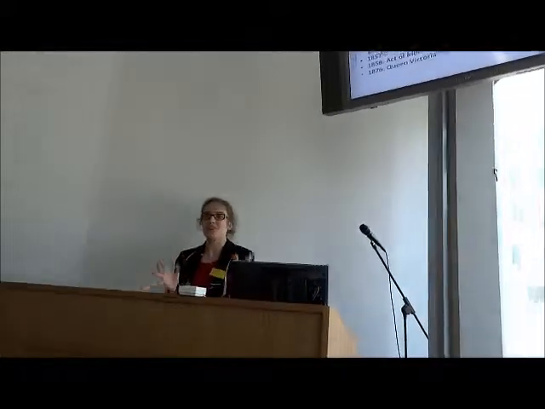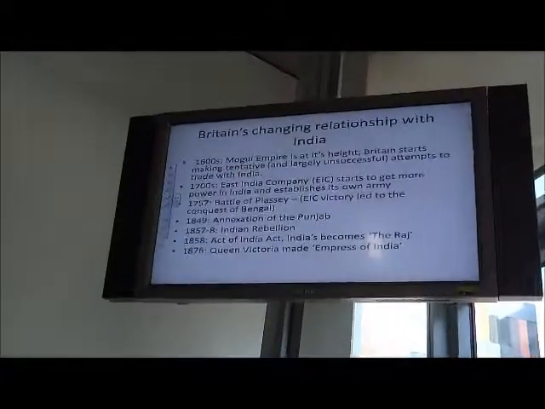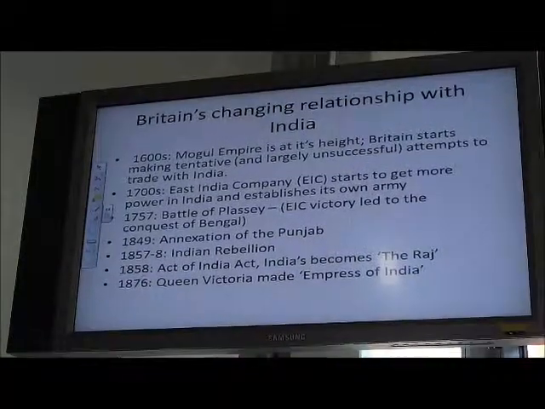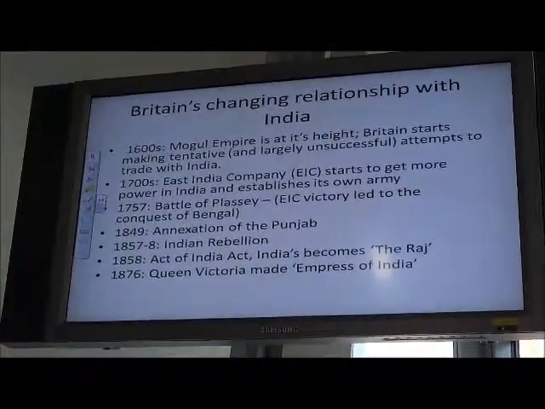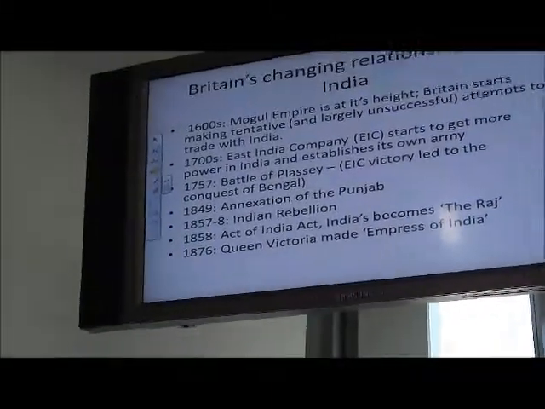And I'm not going to give you too much information about this because this is what I work on, this changing colonial relationship, and I realise that we're just here for a little while to talk about this. But over the last 300 or 400 years, Britain's relationship with India becomes increasingly exploitative, mainly driven through this East India Company.